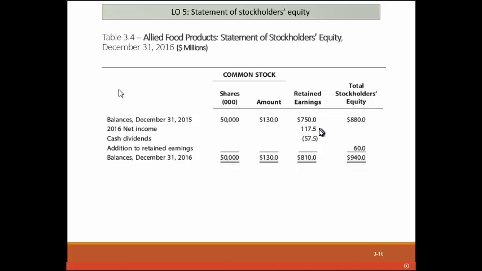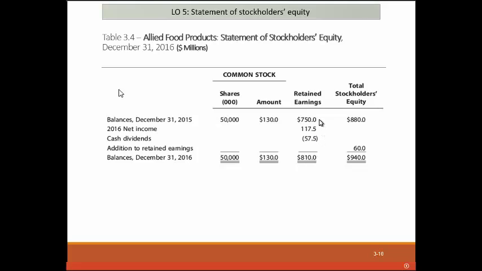One, the business earned income, and in the case of Allied Food Products, the company earned $117.5 million. And you can agree or check to make sure that this item ties in to the net income on the income statement. Additionally, Allied Food Products declared and paid dividends of $57.5 million. Distributions of net income to owners reduces the amount of income that the business retains.